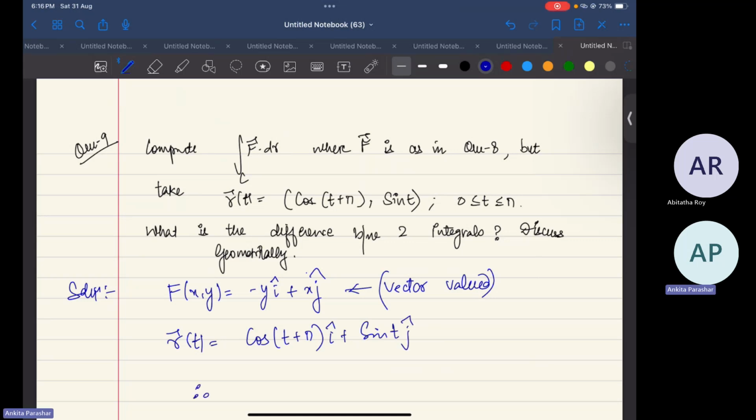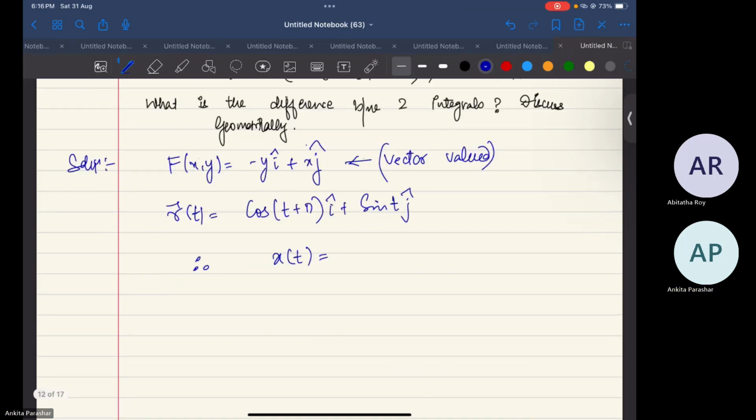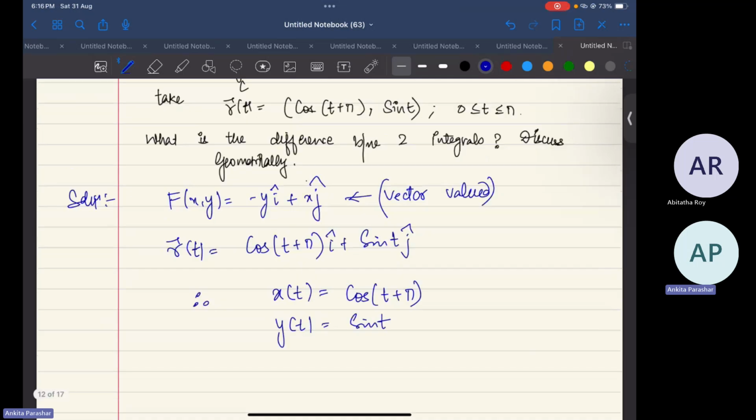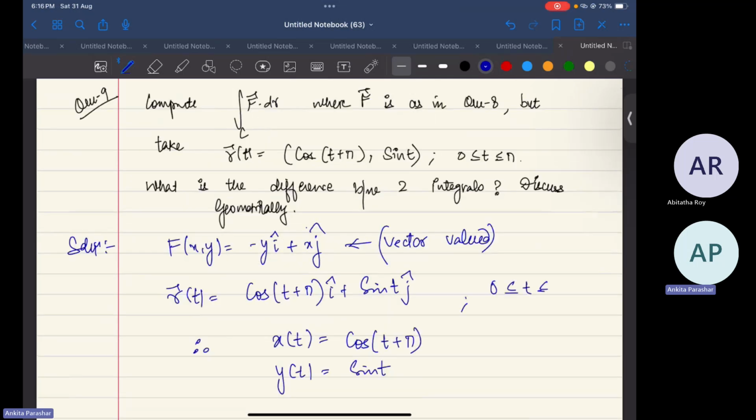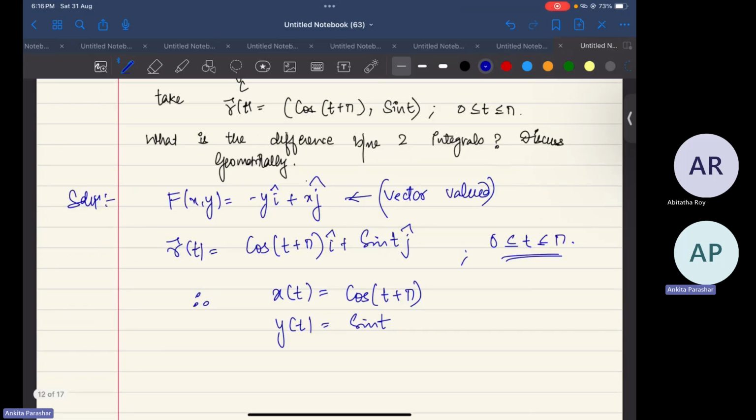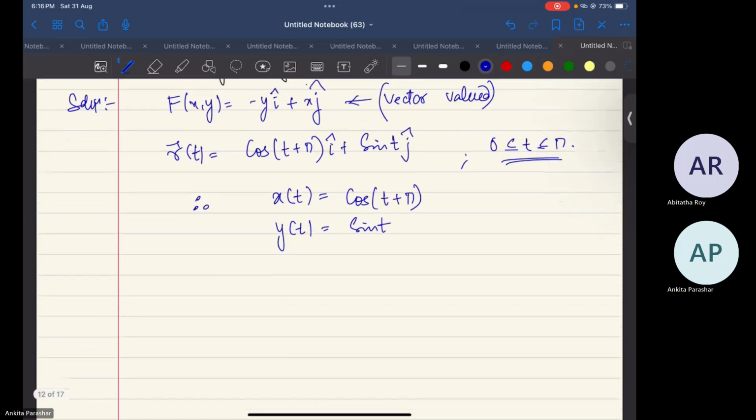Remember, this is again vector valued. So here x of t is cos t plus pi and y of t is sin t. Limits are of course t from 0 to pi. Alright, so with this, can you quickly compute what this f dot dr is?